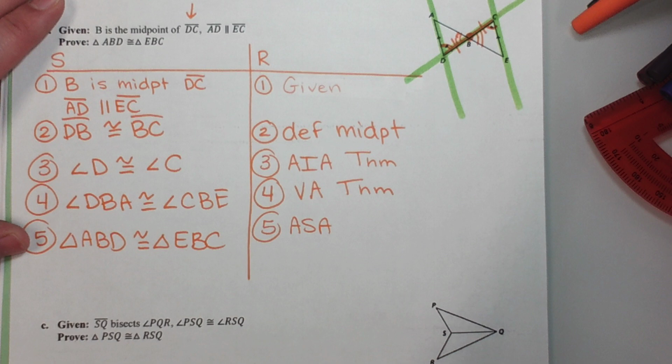I'm trying to figure out which example makes the most sense to talk about. Let's flip over to D, and that'll be our last example. I know. I got yelled at for flipping too soon.